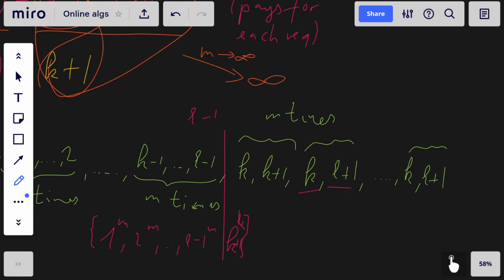So that version of the least frequently used algorithm is behaving exactly the same way as the LIFO as soon as these guys have enough occurrences. So the algorithm's cost on this particular input is k minus 1 plus 2m again.